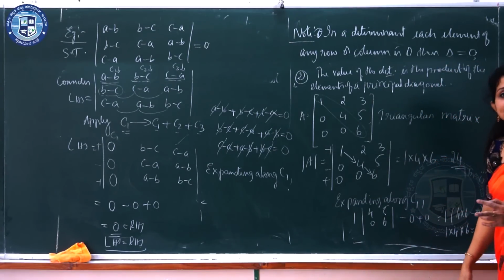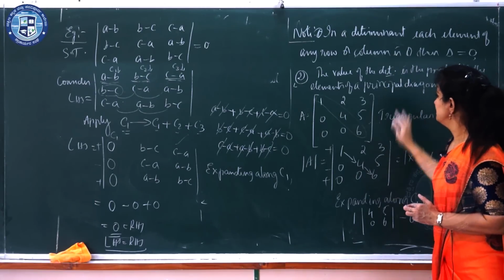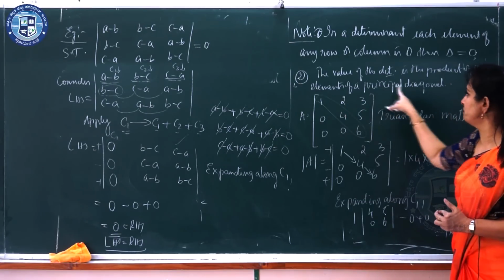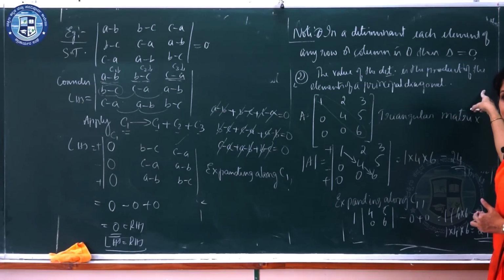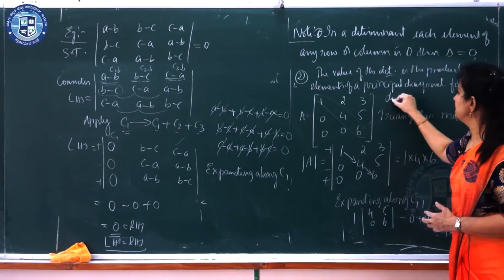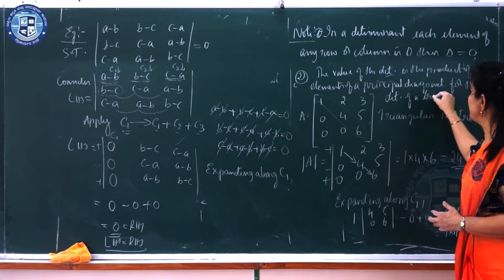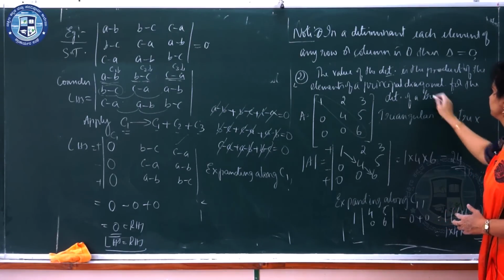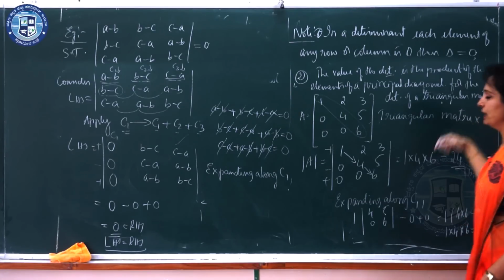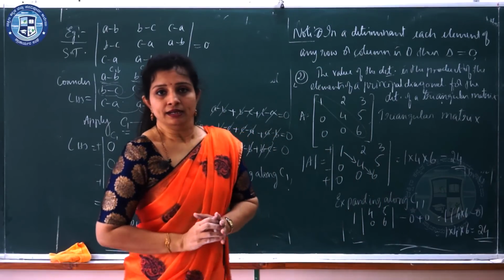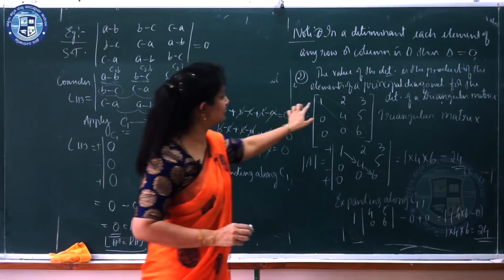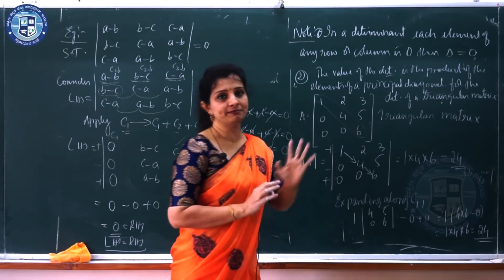If the given determinant is a determinant of a triangular matrix, the value of the determinant is the product of the elements of the principal diagonal. We can make a note of this, students. That means if the given determinant is a determinant of a triangular matrix, then its value is the product of the elements of the principal diagonal.